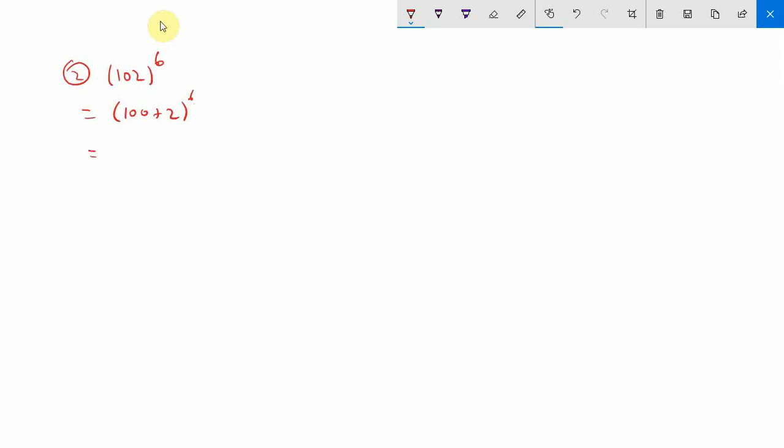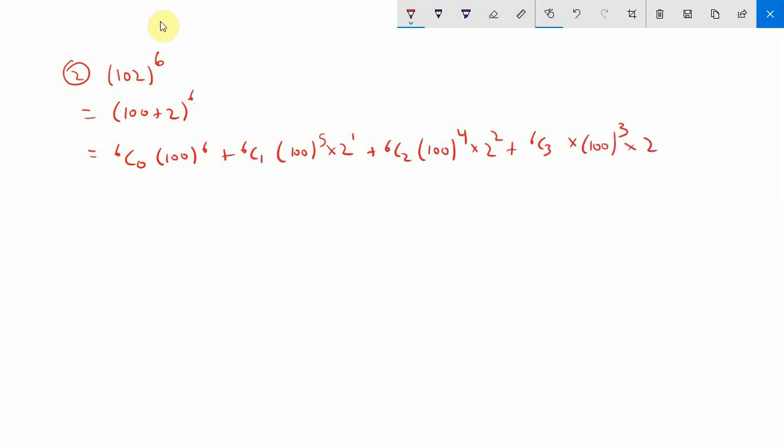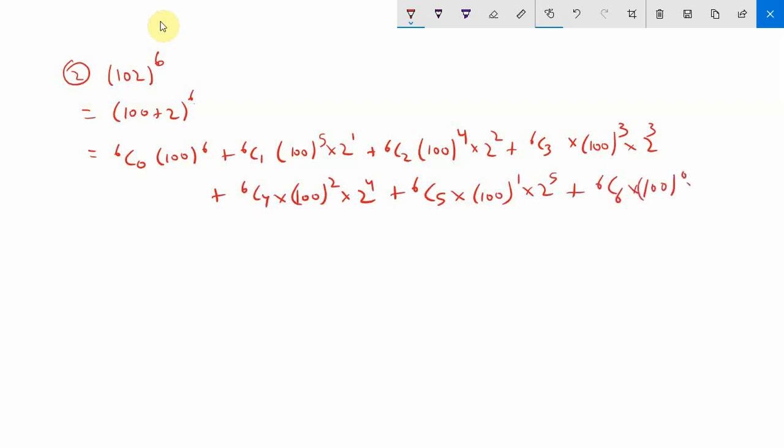So using binomial expansion, we can expand that as 6c0 100 to the power 6 plus 6c1 100 to the power 5 into 2 to the power 1 plus 6c2 100 to the power 6 minus 2 equal to 4 into 2 to the power 2 plus 6c3 into 100 to the power 6 minus 3 equal to 3 into 2 to the power 3 plus 6c4 into 100 to the power 6 minus 4 equal to 2 into 2 to the power 4 plus 6c5 into 100 to the power 6 minus 5 equal to 1 into 2 to the power 5 plus 6c6 into 100 to the power 0 into 2 to the power 6.